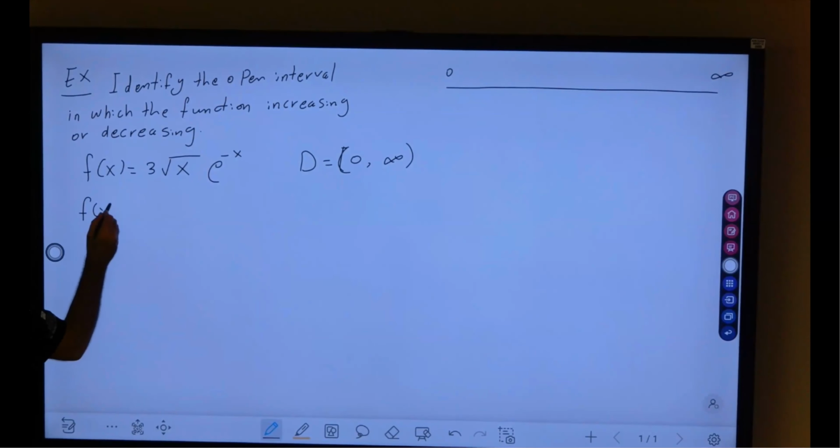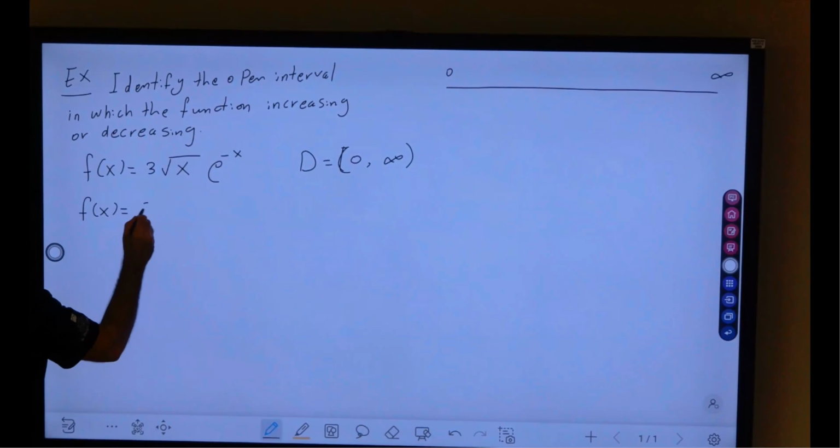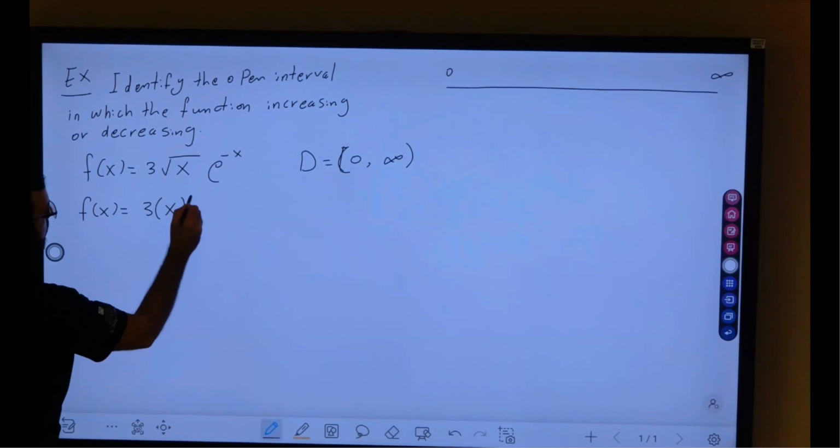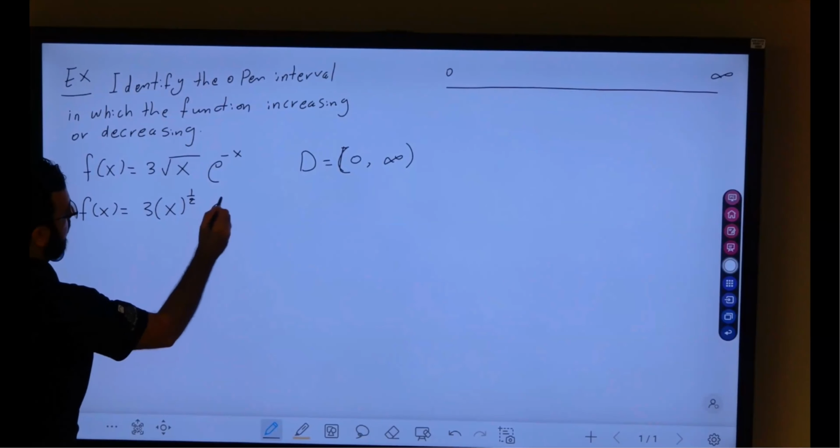f of x equals 3 x to the half e to the negative x.